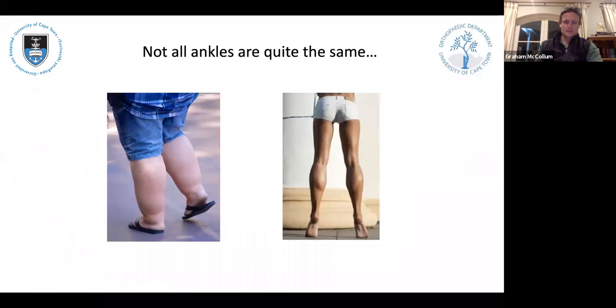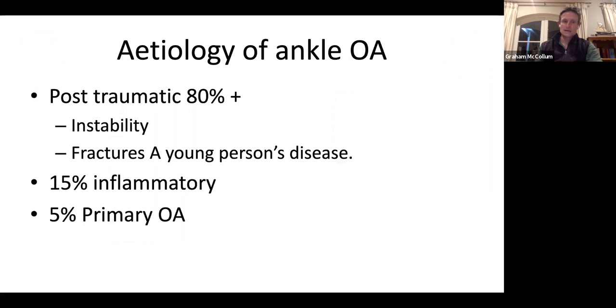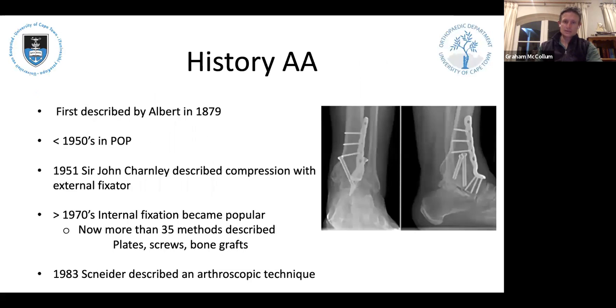So this is really what I'm getting onto, that not all ankles are quite the same, and when you trawl through the literature, no one really tends to look at these factors like obesity, age, deformity, surgeon's experience. It becomes quite tricky to get valuable data. As I said, just a bit of repetition about the etiology of ankle arthritis being mostly traumatic.